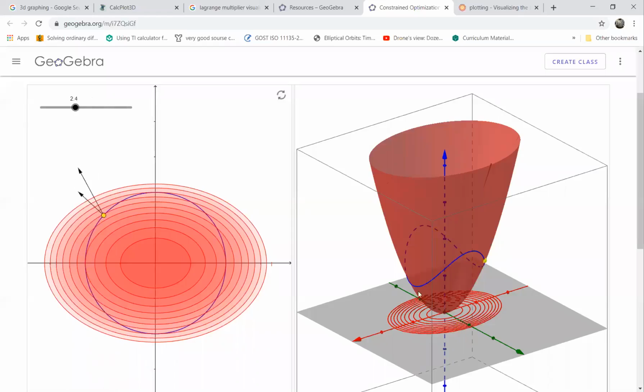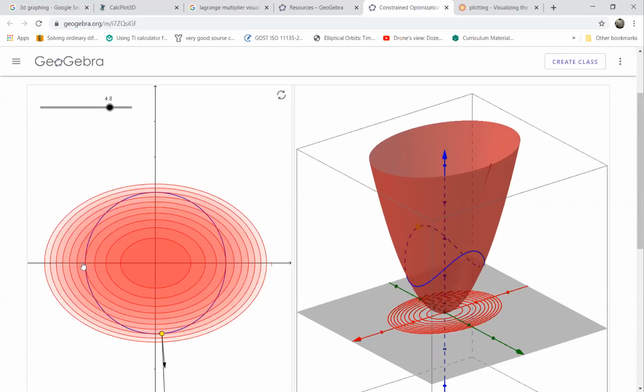Very well. As you can see, you have your function f and you have your circle. As you can see, the gradient vectors need to be parallel to each other at 4 points: 0, 1; 0, negative 1; 1, 0; and negative 1, 0.